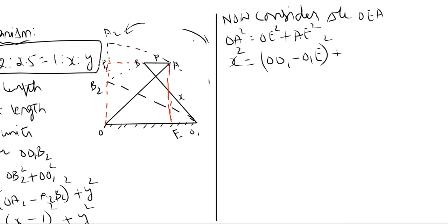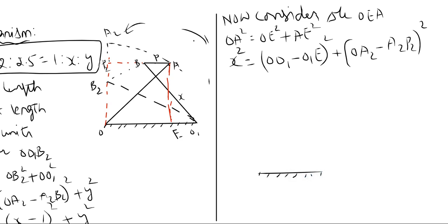Now see here the red color line AE. I am writing this AE as OA2 minus A2P2 square. Why? Because this is the fixed link.